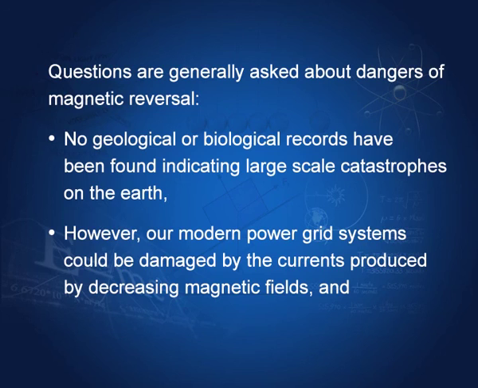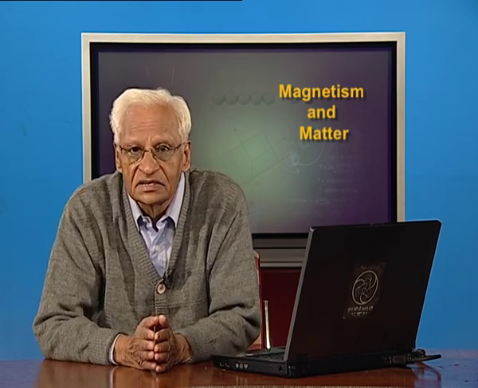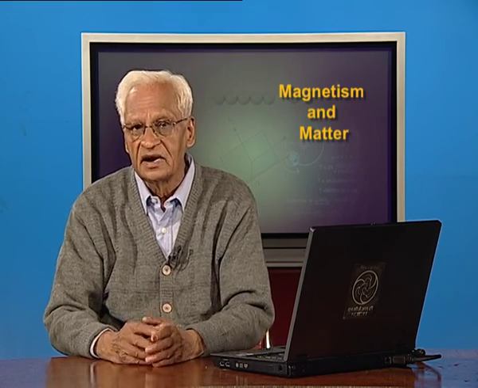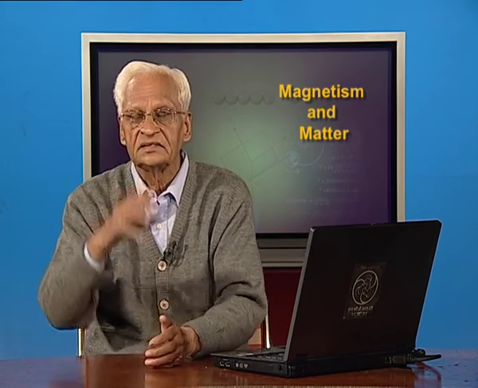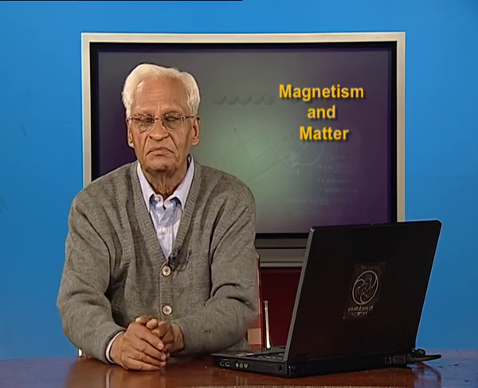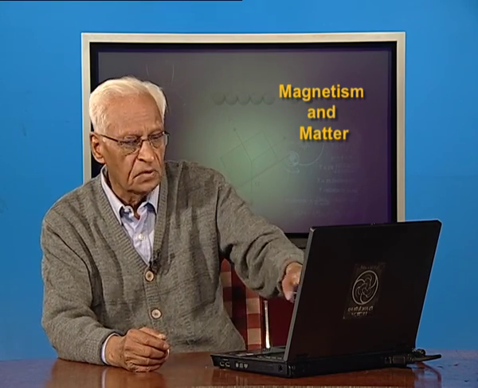However, our modern power grid system could be damaged by the currents produced by decreasing magnetic fields. Remember that if the flux of the magnetic field decreases, then EMF is generated. So, if this magnetic field is decreasing, there is a change of flux, and therefore there can be currents, and these currents can damage our power grids.